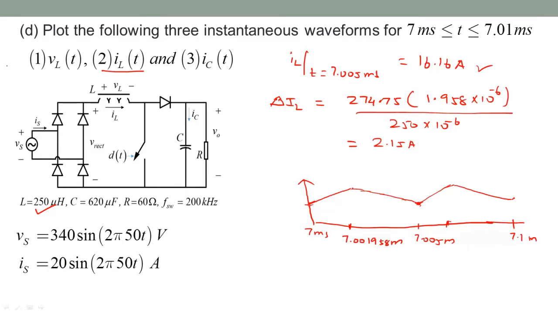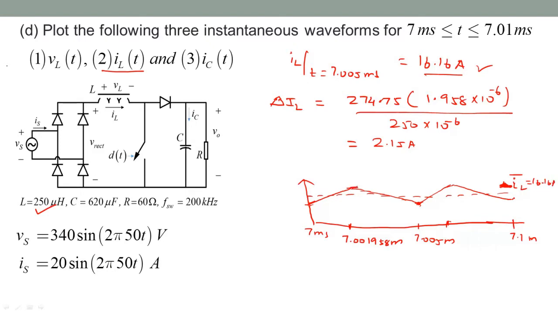If it is in the positive half cycle before the 90 degrees, it is actually increasing. So anyway, we don't have to be that particular. The average value in these two switching cycles is what we calculated as 16.16. Sorry, this is IL bar. IL average is 16.16, and delta IL is 2.15.